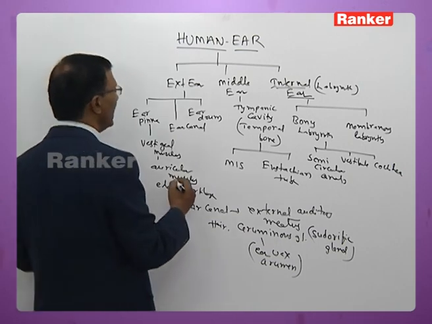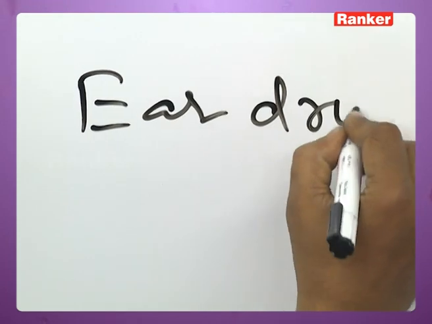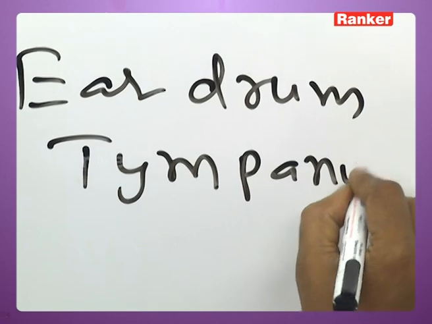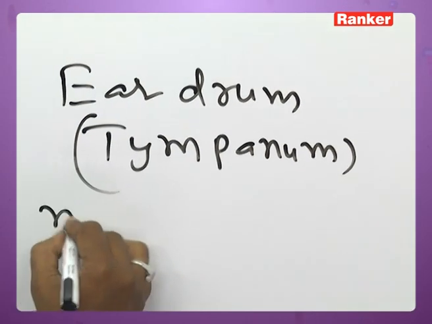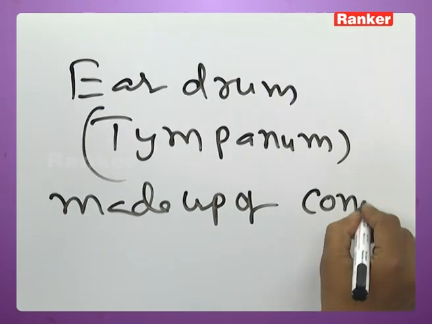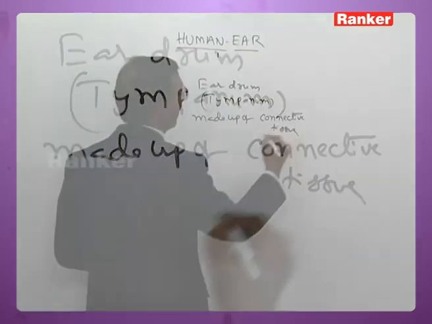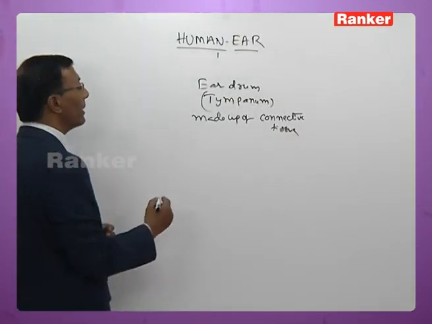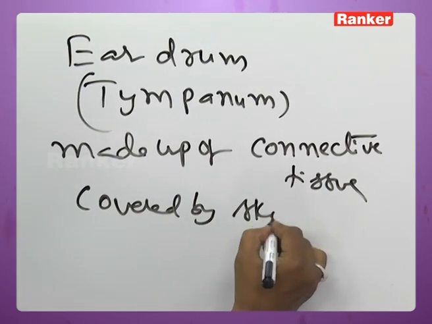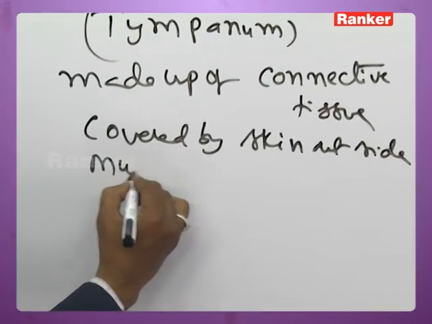The next is the eardrum. The eardrum is also called the tympanum. It is made up of connective tissue, covered by skin outside and mucous membrane inside.